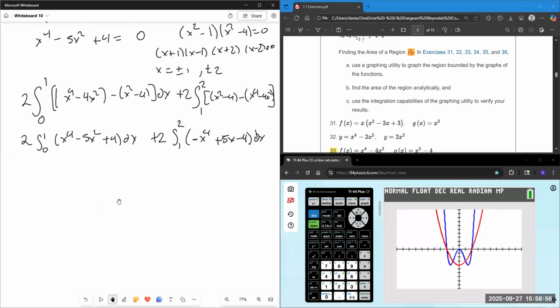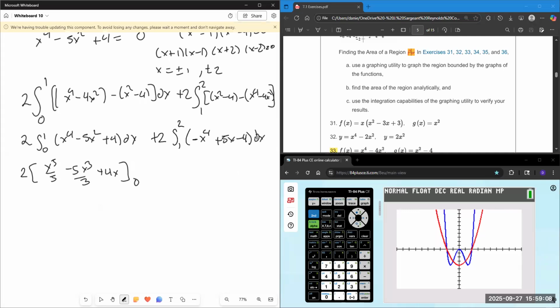So this is 2 times x to the fifth over 5 minus 5x cubed over 3 plus 4x, from 0 to 1, plus 2, and then opposite signs.